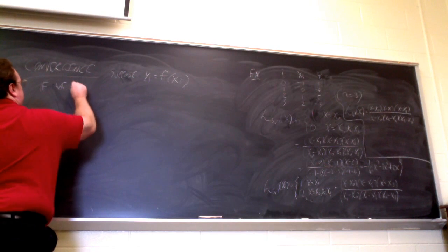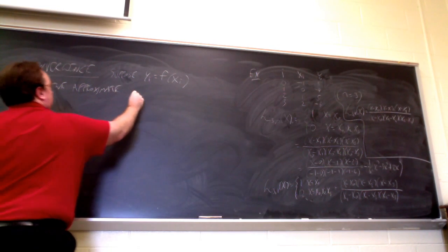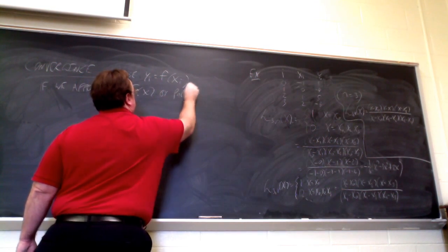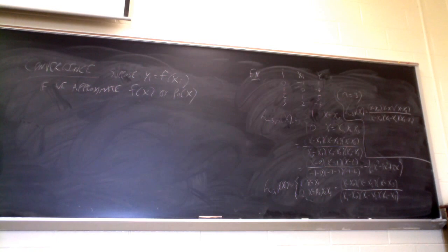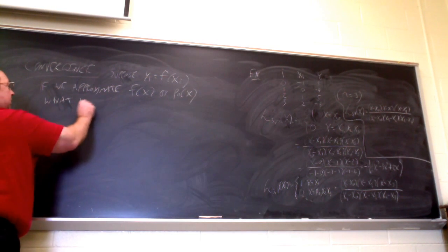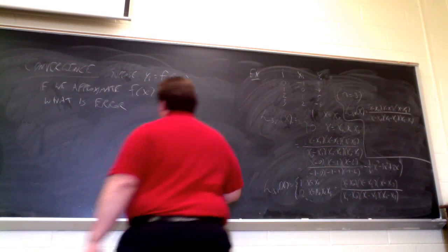But then the question becomes, if we approximate f by some interpolating polynomial, so we go ahead and choose n plus 1 x values, plug them into the function and get the y's, now we have a polynomial that hits f exactly at these n plus 1 points. But what about at other x?